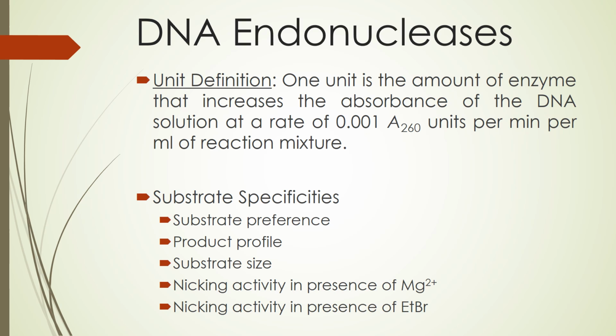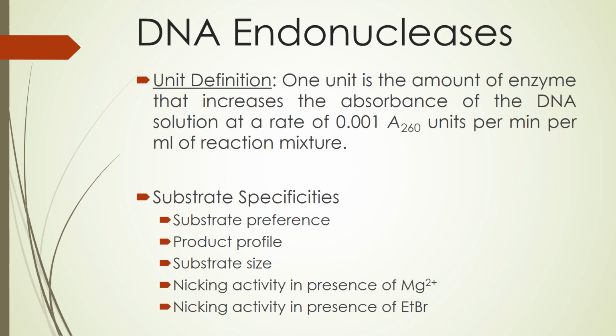Now we come to the nicking activity in the presence of magnesium ion. Under certain suboptimal reaction conditions, DNase-1 produces nicks rather than a scission of both strands. Here I want to tell you that if we want to make nicks on the DNA, then we use this magnesium ion.